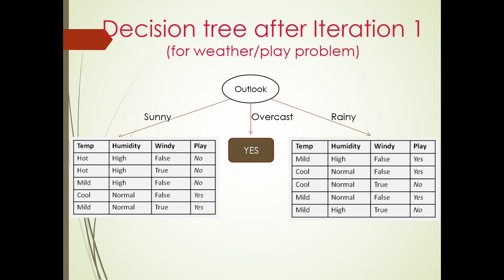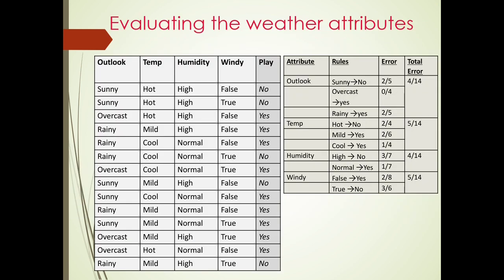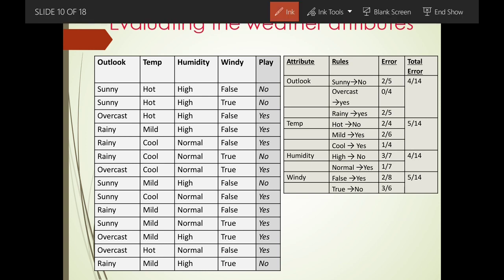So we have chosen Outlook as the root node. Why? Because if you see the errors, Outlook and humidity have the same total error. But we have to decide whether Outlook or humidity is chosen as the root node.